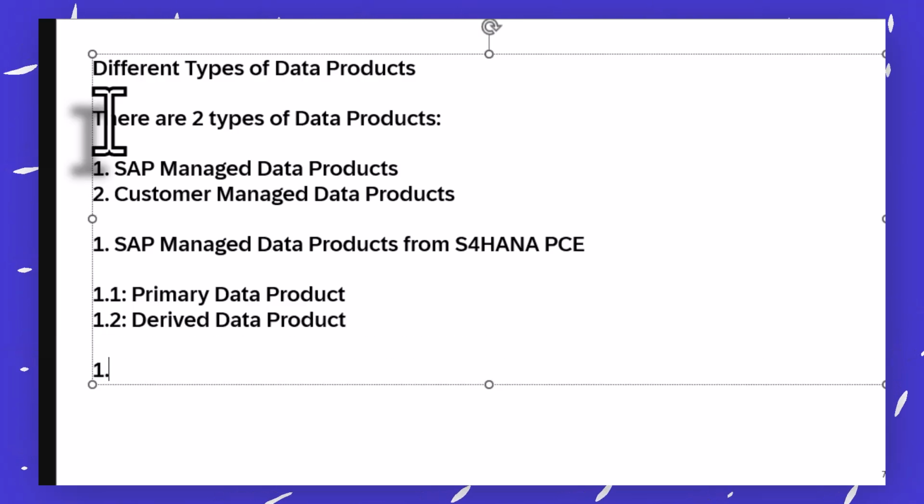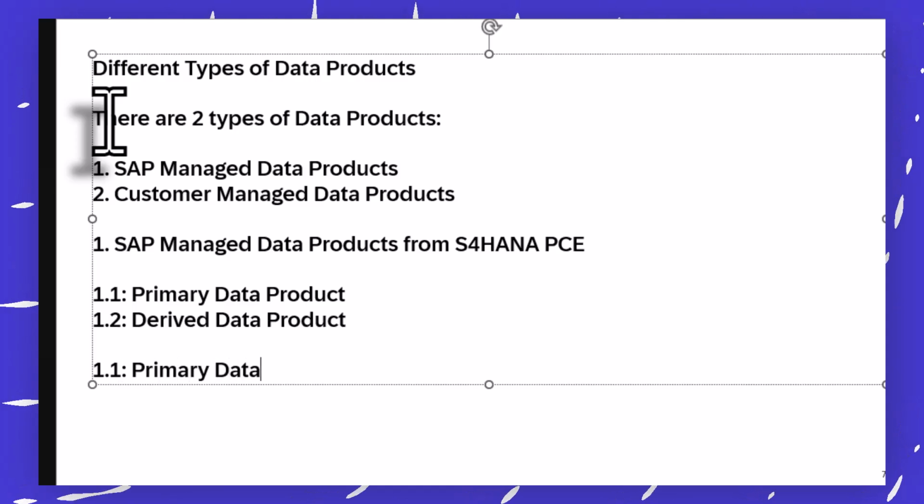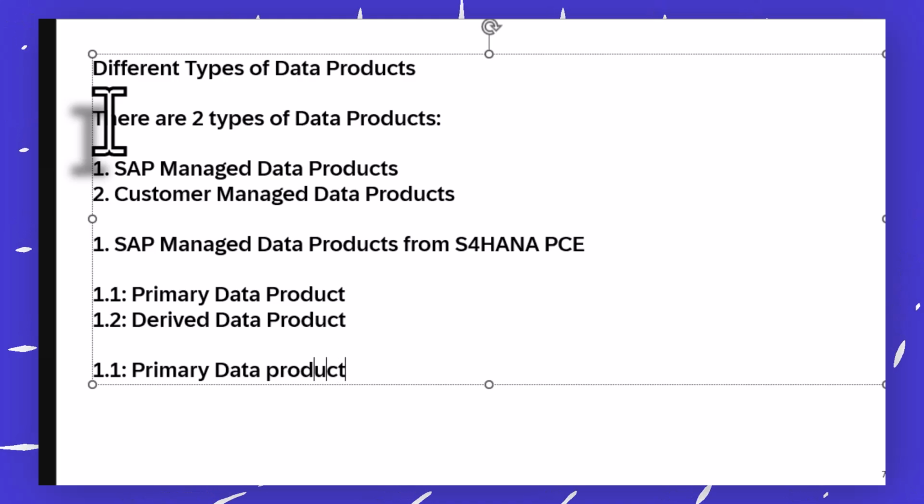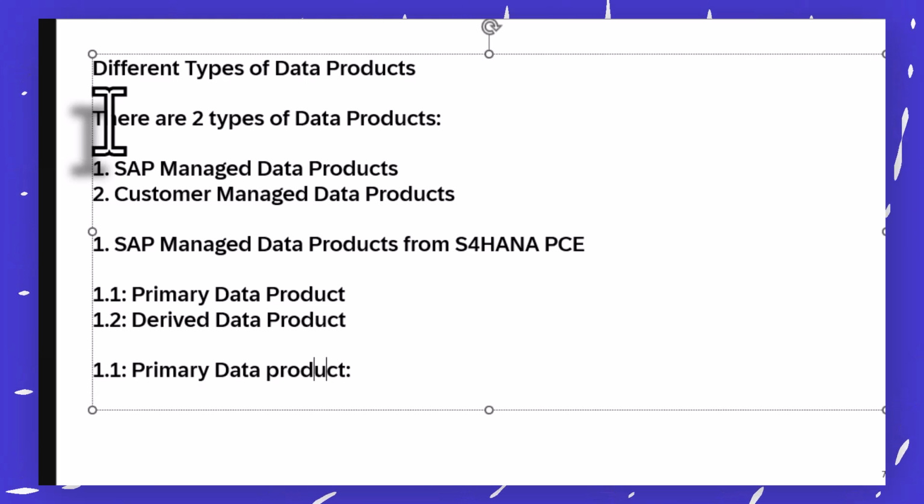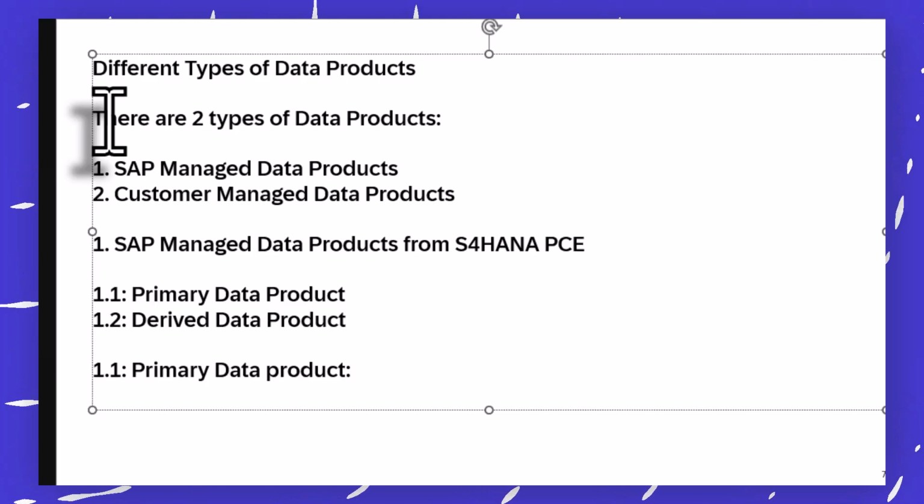Now, what is a primary data product? SAP delivers primary data products based on CDS views, which are part of the S4 private cloud. Before building a data product, especially when the source is S4 HANA, first you need to create a CDS view.